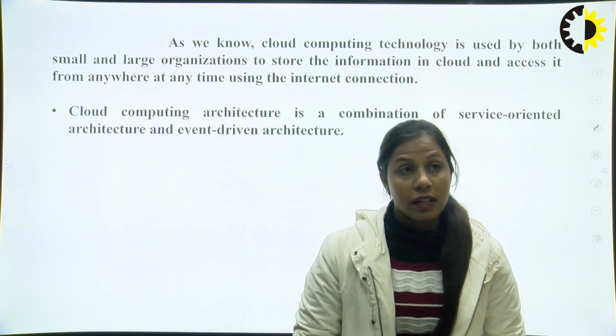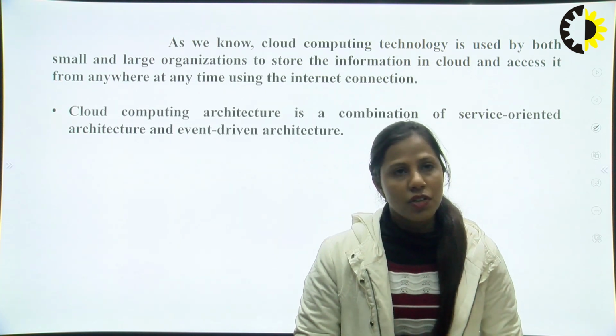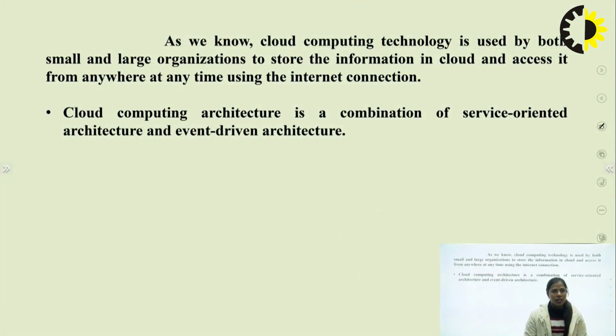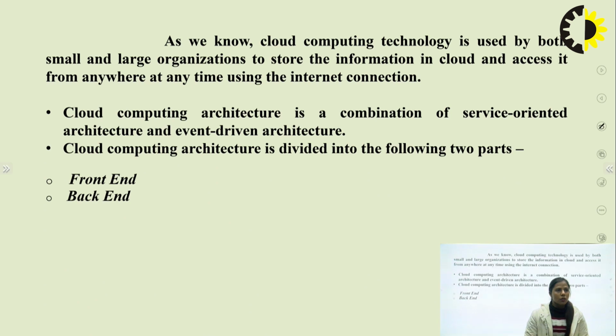So, cloud computing architecture is a combination of service-oriented architecture and event-driven architecture. That means it provides various services and various events, which trigger and respond to particular services. It is basically divided into two parts: first the front end, then the back end.